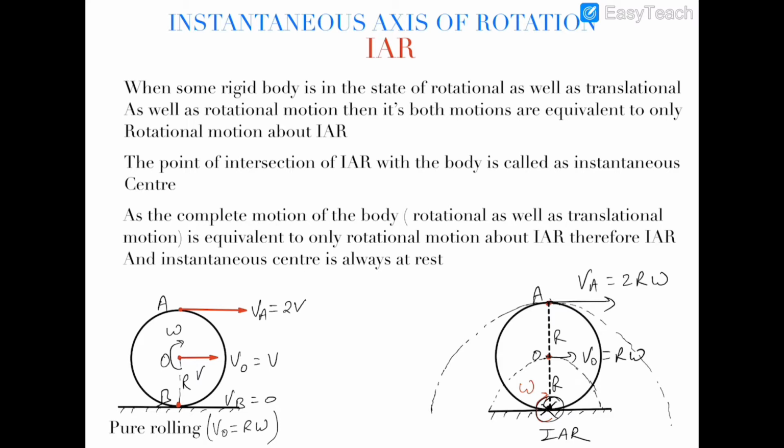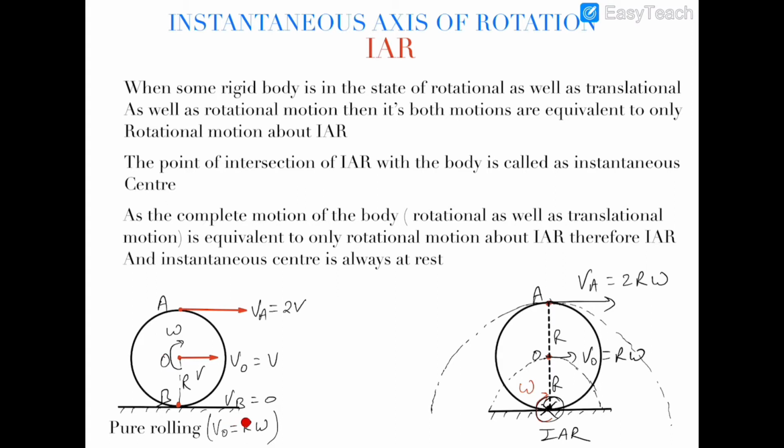First of all, let me tell you that this concept is valid for the objects or rigid bodies which are rolling purely and which are in the state of both translational as well as rotational motion. So let us take an example: this is a ring which is rolling on the ground, and the velocity of its center is v0, which is equal to v, and the angular velocity of the ring about the center is omega.